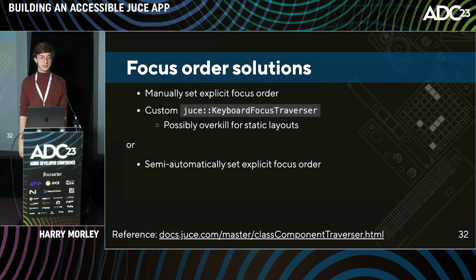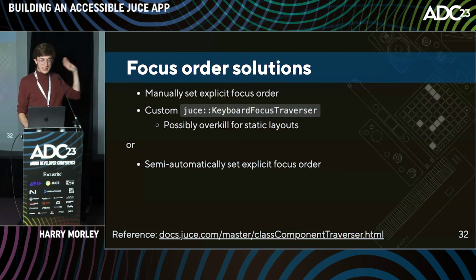The keyboard focus traverser is great for complicated dynamic stuff. But to do that, you have to deal with component pointers and keep track of what the next one is, what the previous one is. We don't want to do that right now. So there is another option, which is a little trick that a colleague of mine invented, which is you can semi-automatically set the explicit focus order.